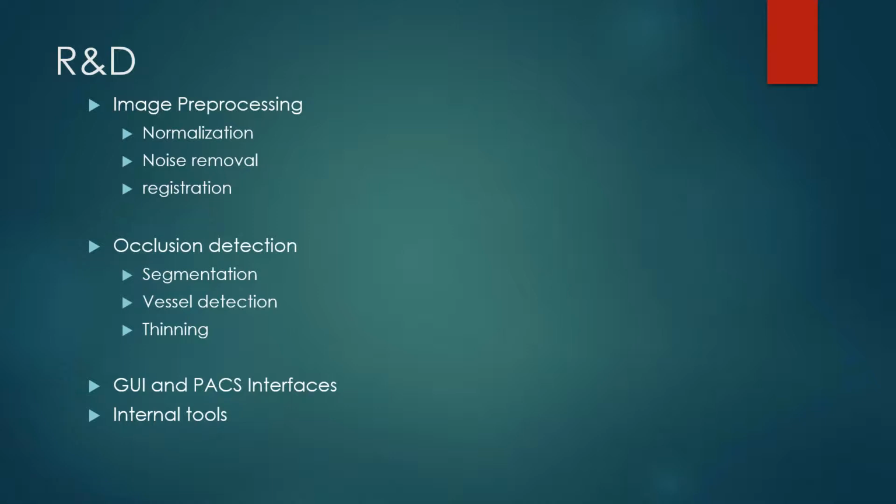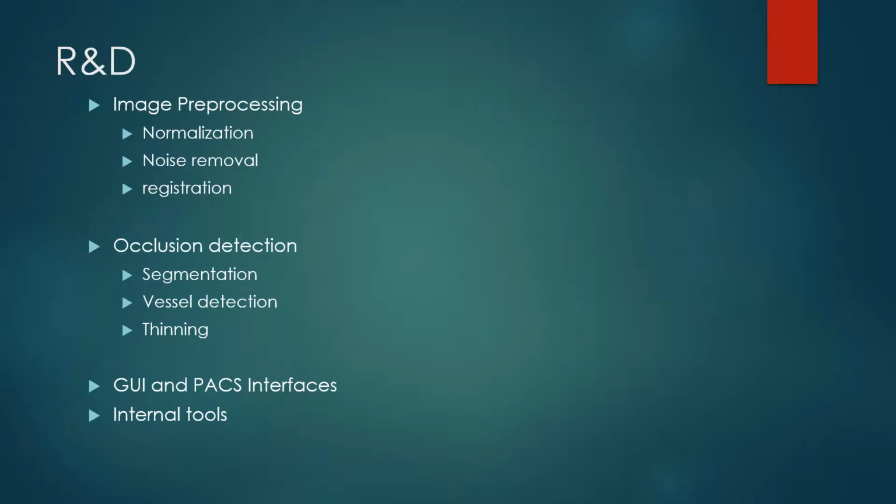It also has GUI and PACS interfaces. Occlusion detection and image processing happen in the background. They're not something people will see. From the user's point of view, they see the GUI, the graphical user interface. They click the button, and the software is supposed to give them information about the stroke. So the GUI works with users directly.